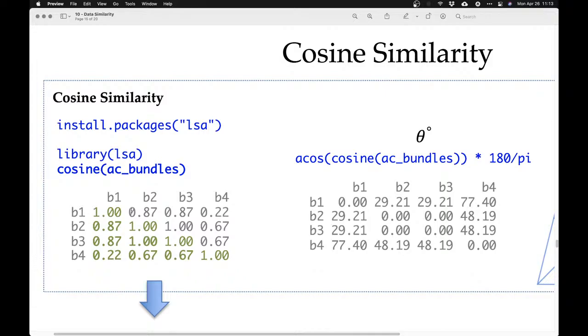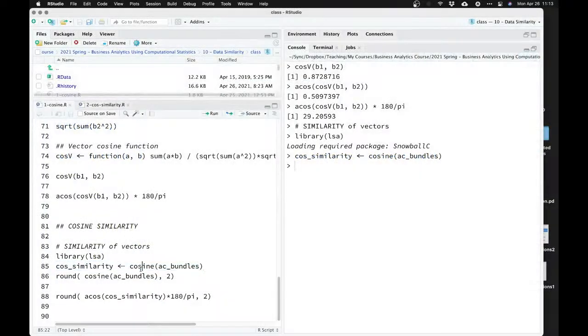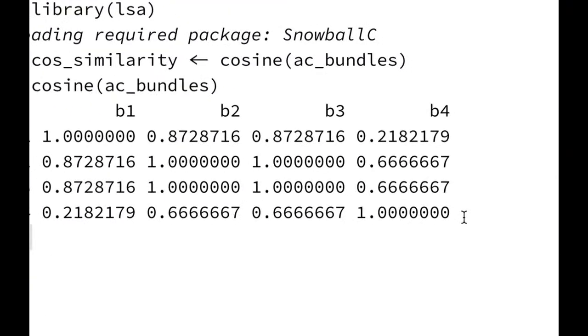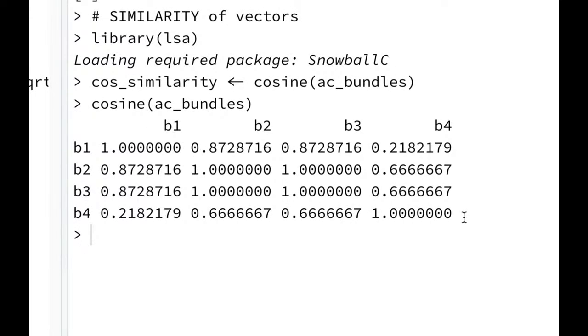When I run this cosine function that comes from this LSA package, this tells me the angle between every pair of vector bundles. Bundle 1 versus bundle 2 versus bundle 3, bundle 4, all the possible combinations.